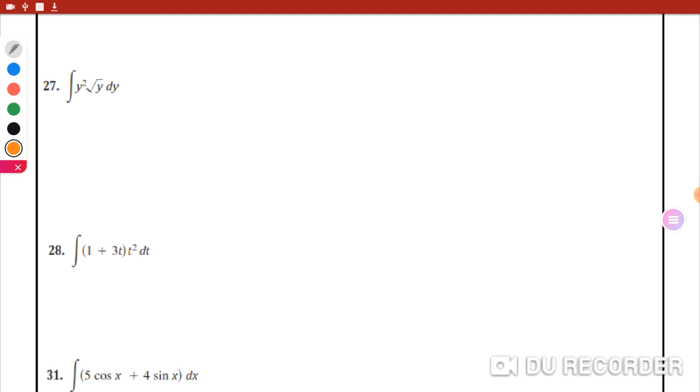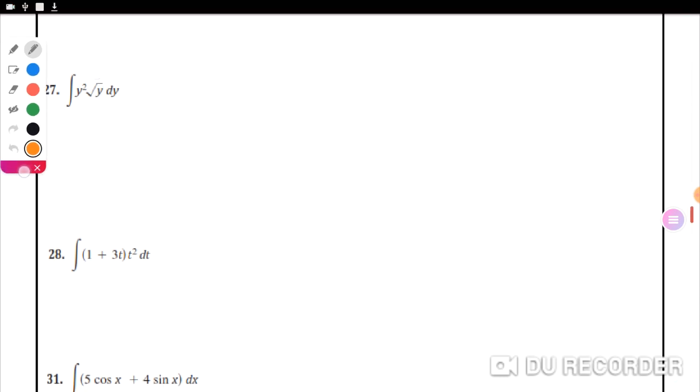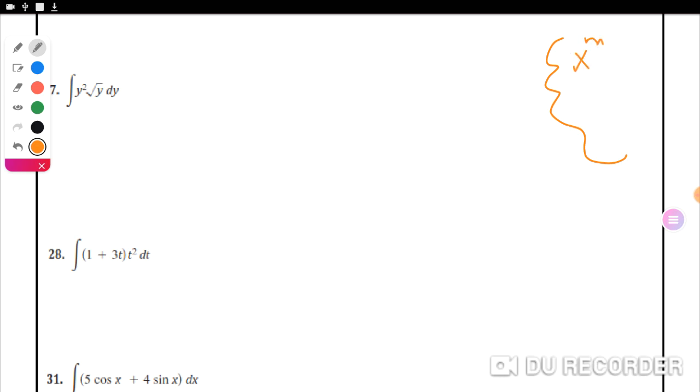So this one means y to power half, and you have to remember, x to power m multiply x to power n is x to power m plus n. So it means y squared multiply y to power what? Half. That is the meaning of this one.